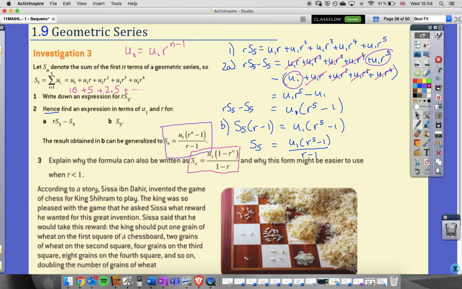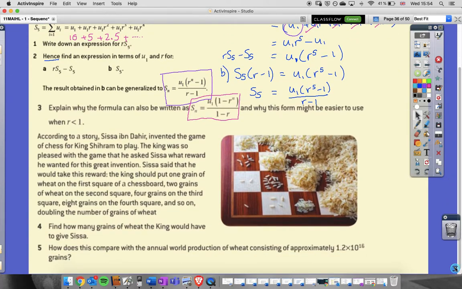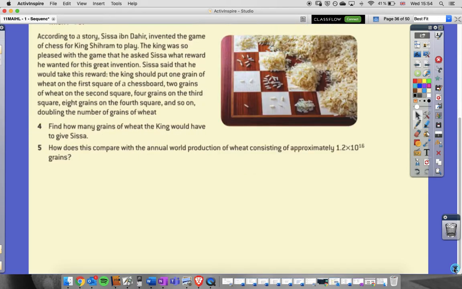Okay, let's just take a quick look at this in use. We're not going to do a lot on this now. In our class tomorrow, you're going to be looking at using this a lot more. So this is one of those famous stories in maths. I'm sure it's one that you have come across.